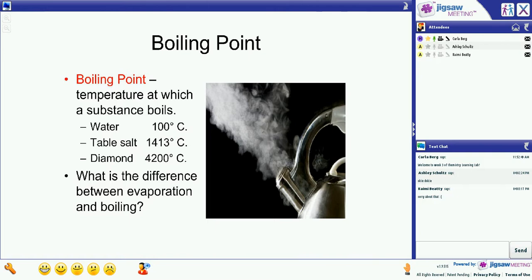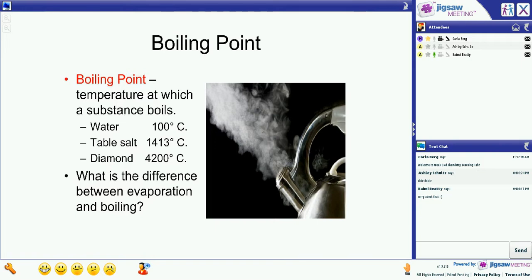So what is the difference between evaporation and boiling? Anyone want to make a guess? Boiling is basically the jump from, I'm confusing myself.